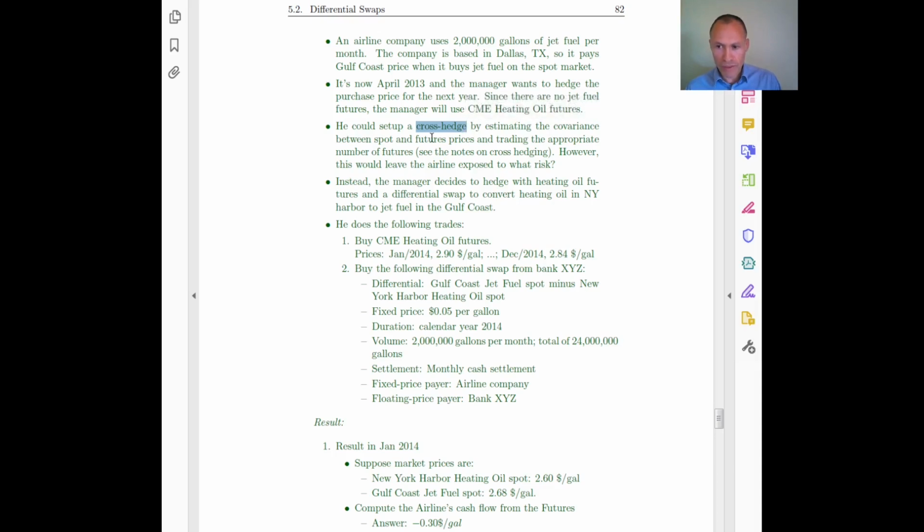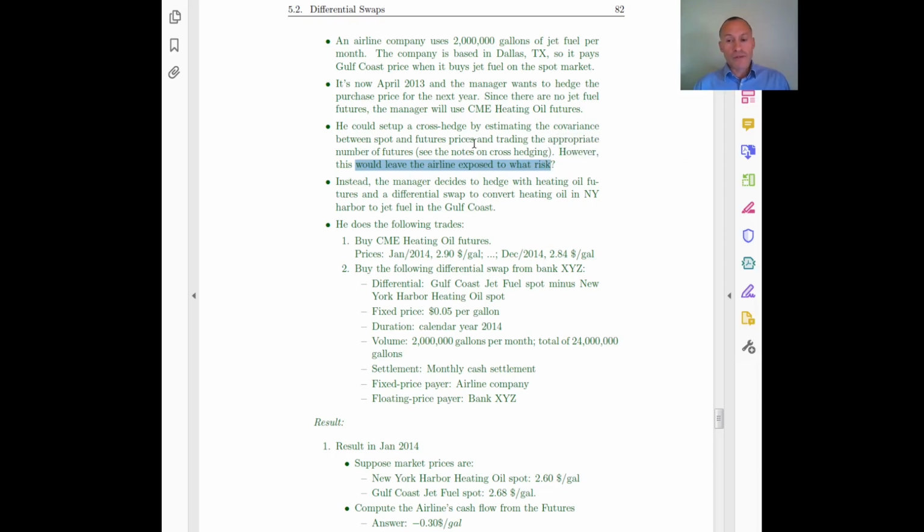So we'd have to estimate the covariance between the spot and the futures price and do that adjustment to the trading and just do that cross hedging. However, that would not be optimal in the sense that we would still have some risk. Okay, what type of risk? Think for a second about this. We can discuss this in class, right?